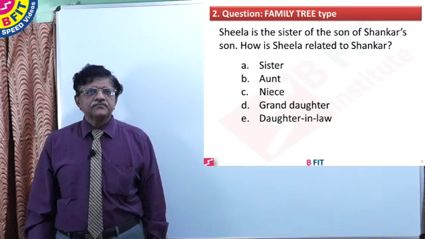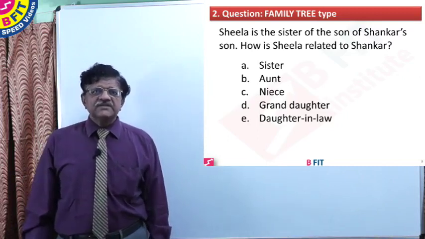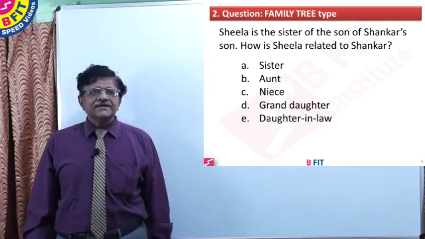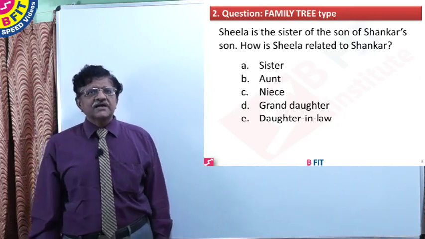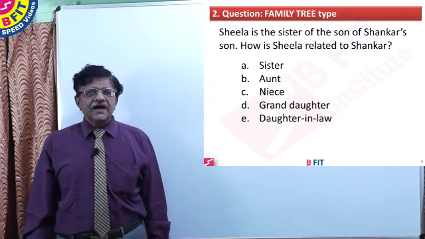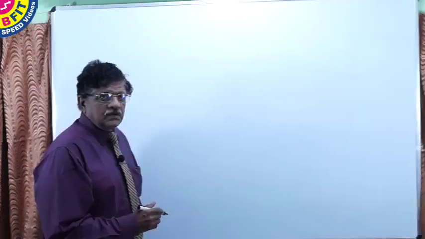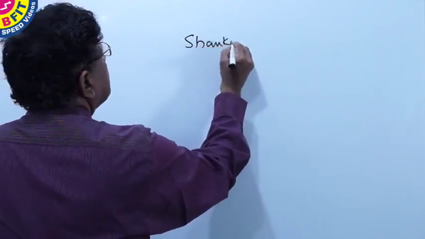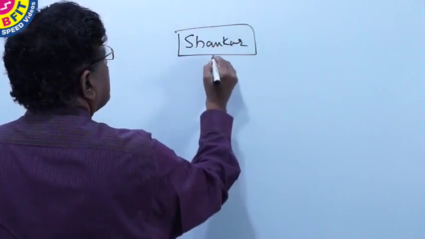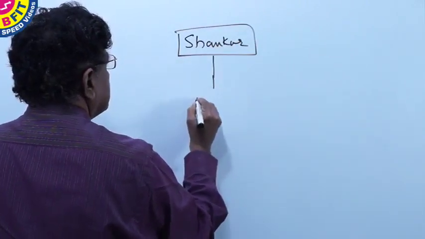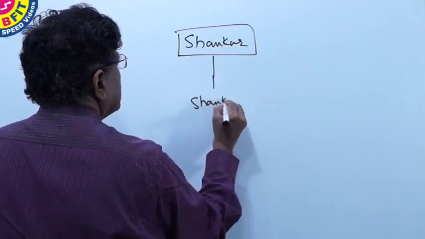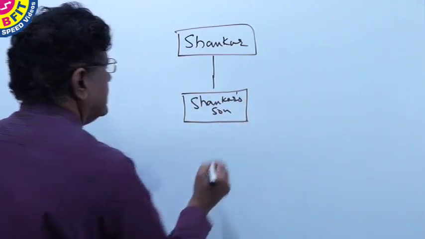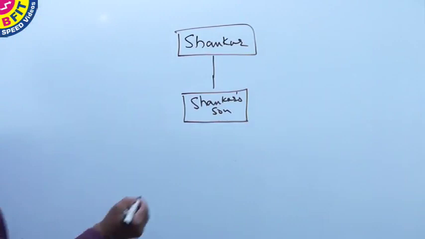Question number 2. Sheila is the sister of the son of Shankar's son. How is Sheila related to Shankar? This is a little tongue twister. Let us see the working. Now Shankar, Shankar's son, his son.